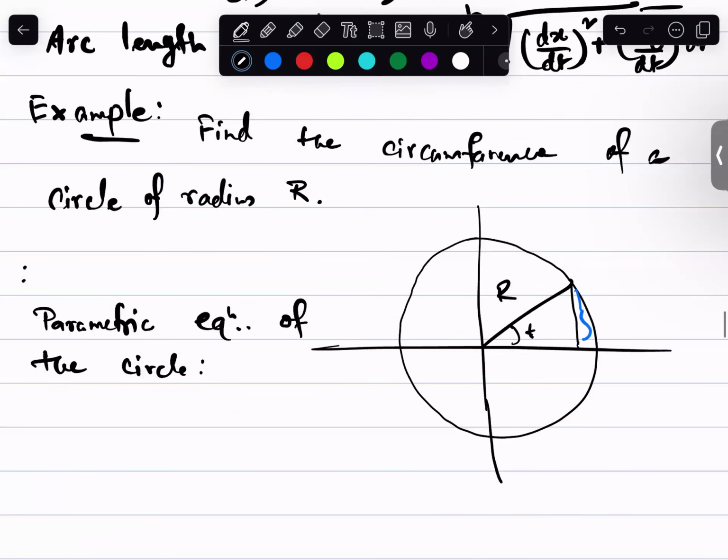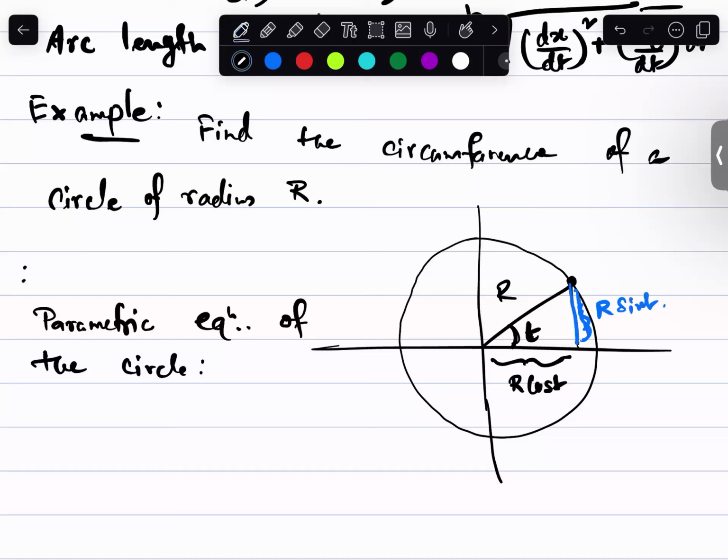So say this is the circle of radius r, and say this angle is t. Then by plane trigonometry, say this is the point I'm interested in. This length will be just r cosine t. This is following from trigonometry, and this blue length will be just r sine t, right?